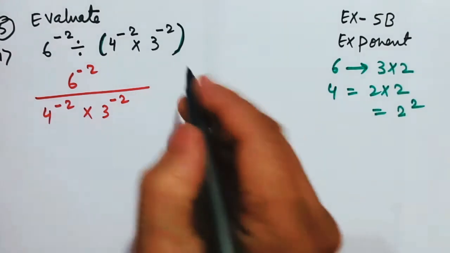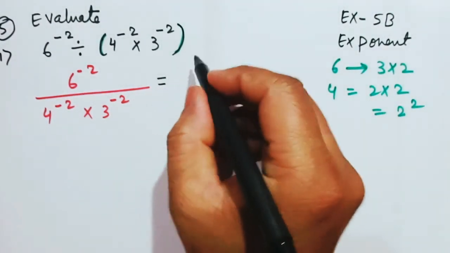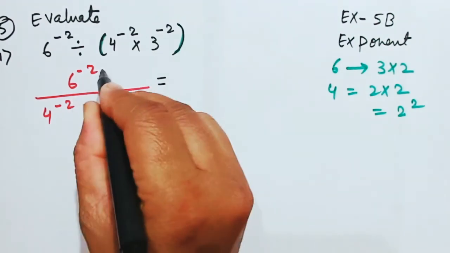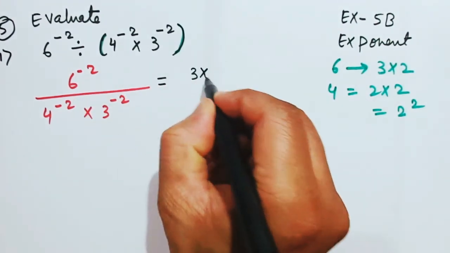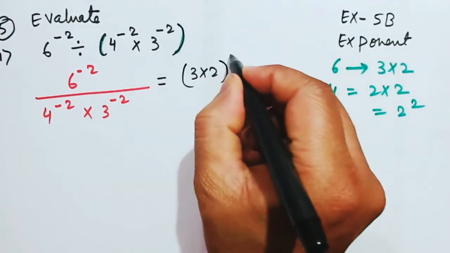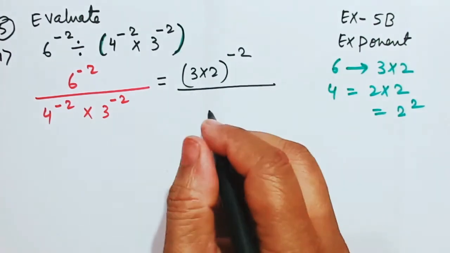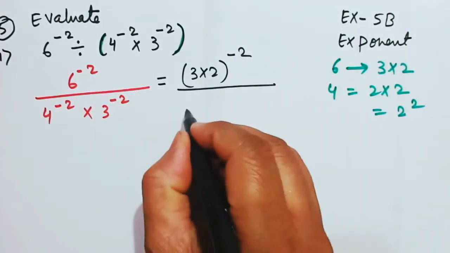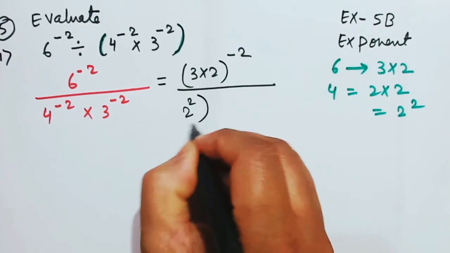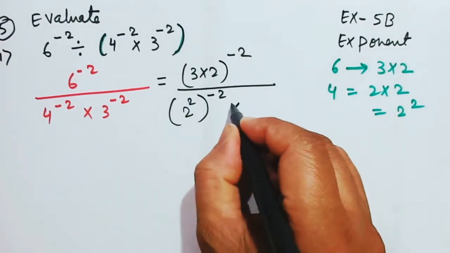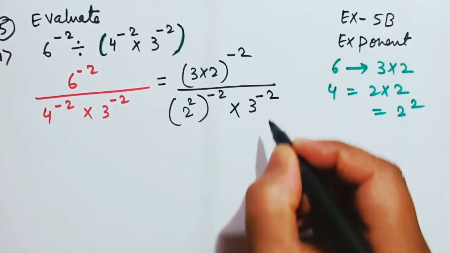So now 6 to the power minus 2 will become 3 into 2 to the power minus 2, divided by, 4 I will write as 2 square to the power minus 2, multiplied by 3 to the power minus 2.